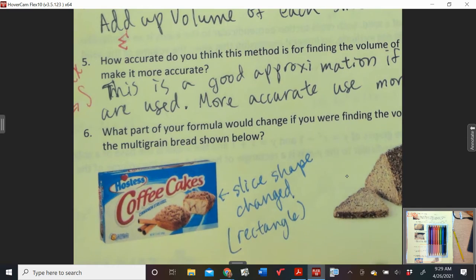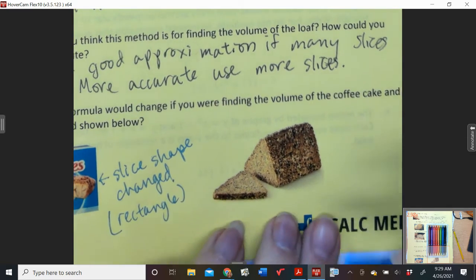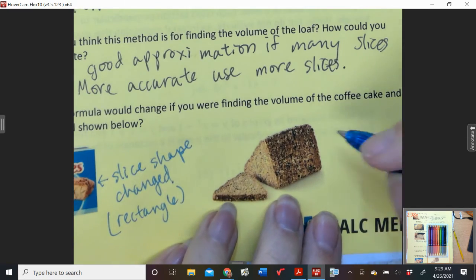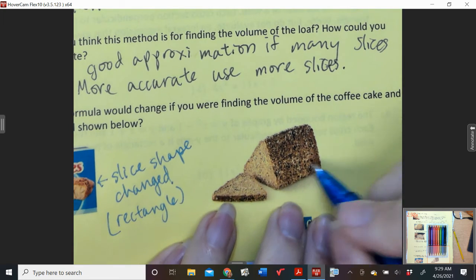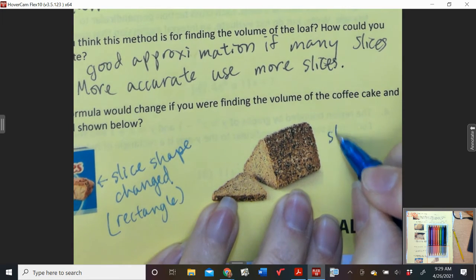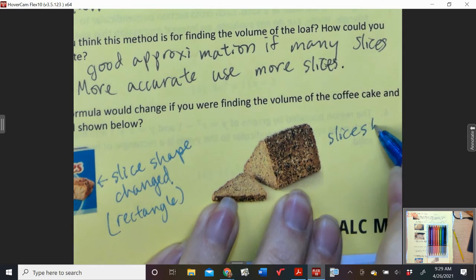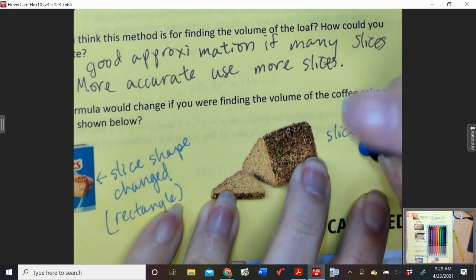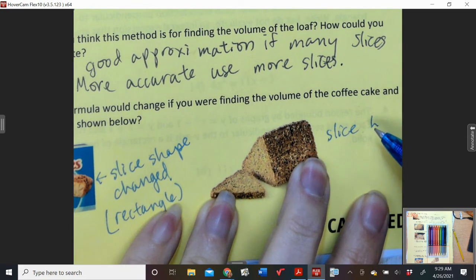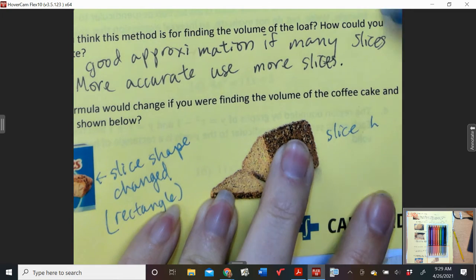And then if we look over at this crazy loaf of bread, I've never seen something like this, but this loaf of bread is a triangle. Actually, it's an equilateral triangle.